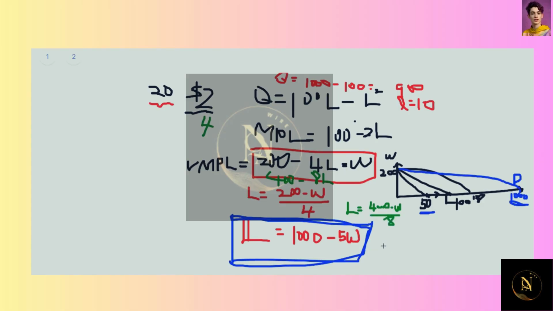As we can see, the big L here is going to be this thing times 20, which, if I simplify further, is 50 minus W. So this thing times 20 is 1,000 minus 20, so 2.5 times wage.